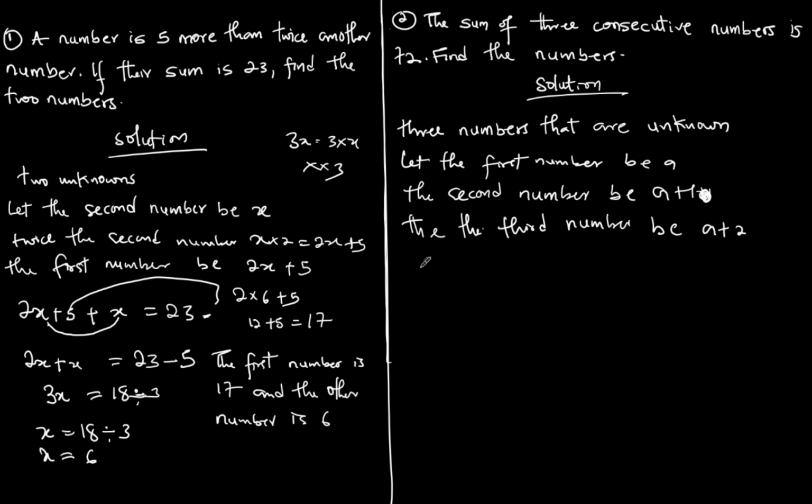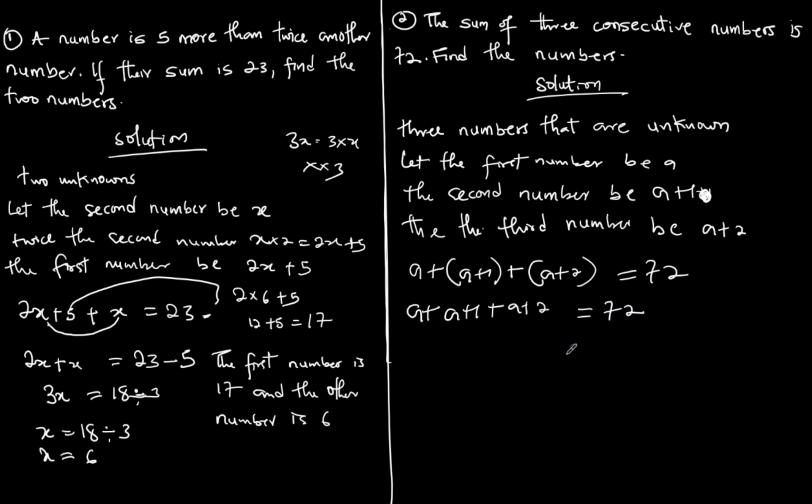So, putting it in form of equation now, I have A, which is the first number, plus the second number, which is A plus 1, plus the third number, which is A plus 2. So we add the 3 numbers, it will give us 72. So that we have A plus (A plus 1) plus (A plus 2) equals 72.